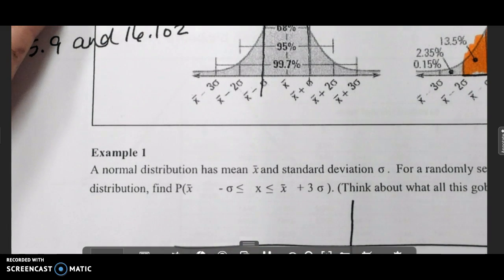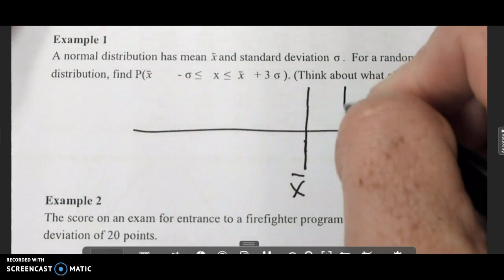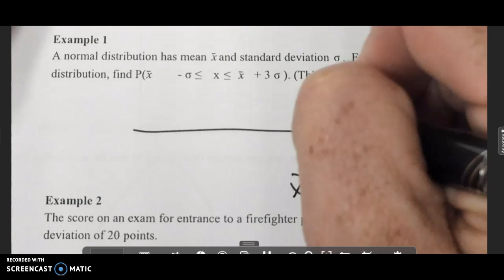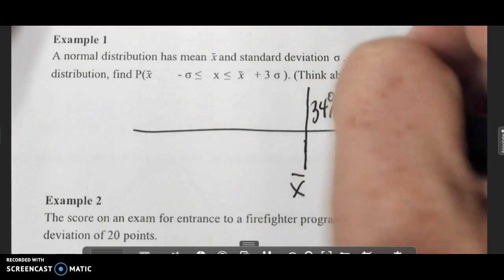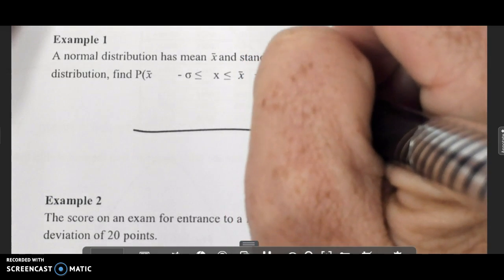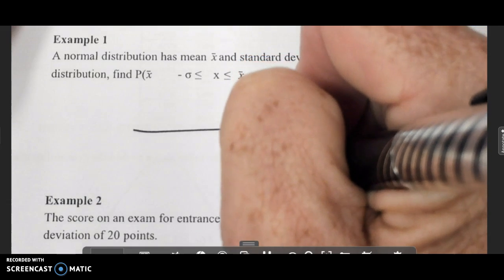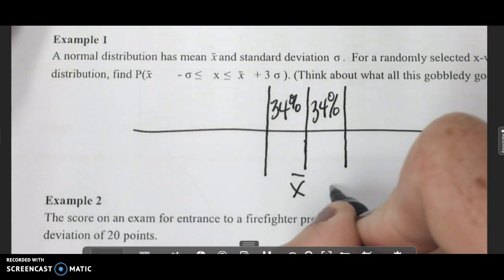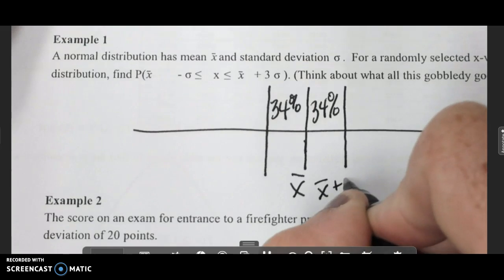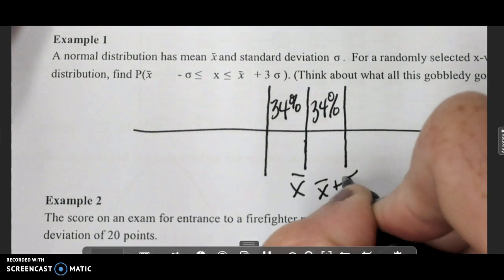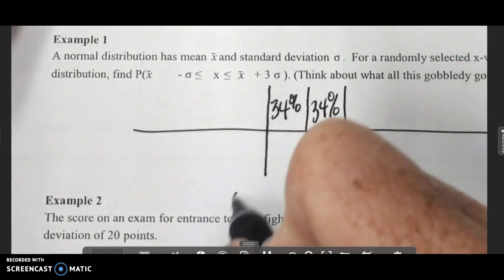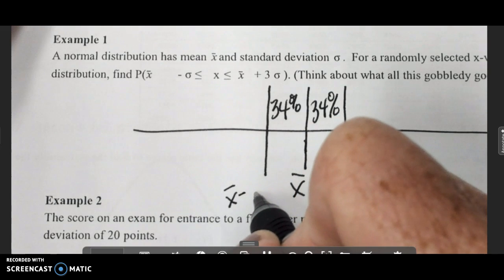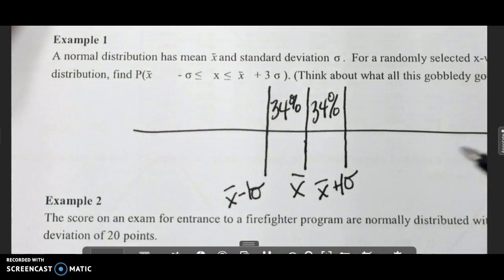I'm going to take the standard deviation, this range, which is 34% above and 34% below, for a total of 68%. I'm going to take that average and add one standard deviation, or take that average and subtract a standard deviation. It will actually be easier once we put actual numbers to it.